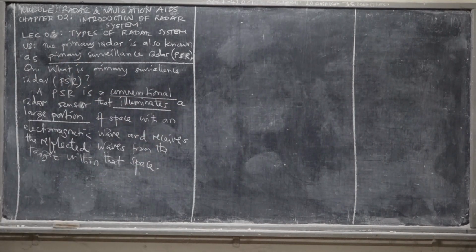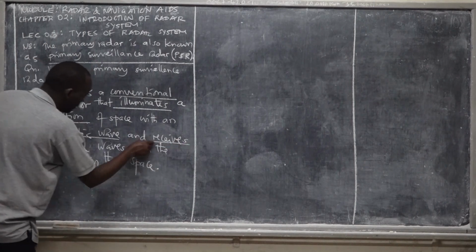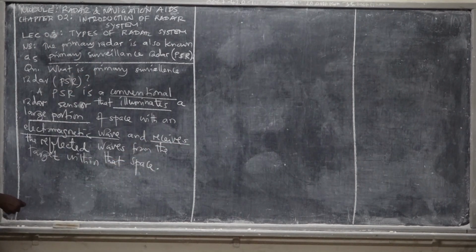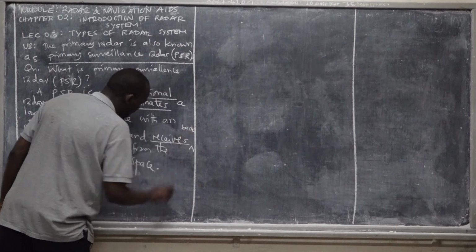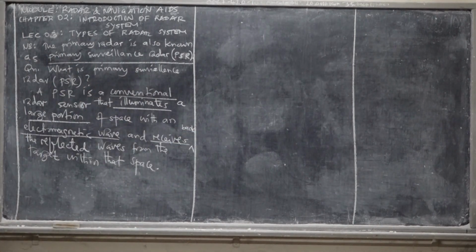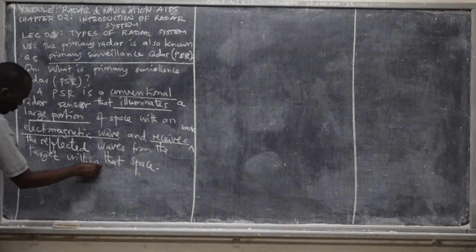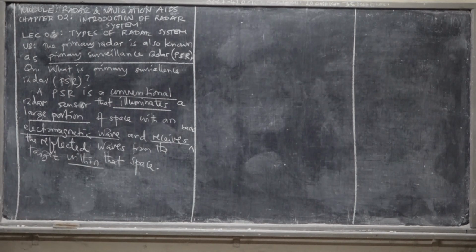It's a conventional radar sensor that illuminates a large portion with electromagnetic waves, which in most cases are radio frequency, and receives back the reflected waves from the target within the space.